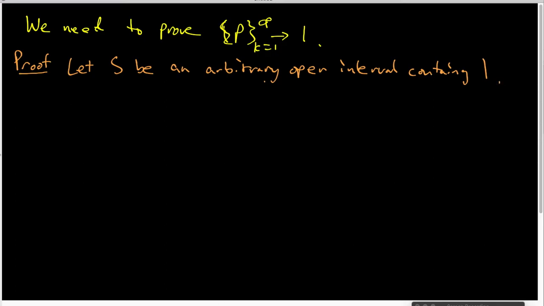Now, what I want to do is I want to kind of think in terms of a number line over here. So there's my number line, here is 1, and here's this open interval. And I don't care if it's a balanced interval or not.